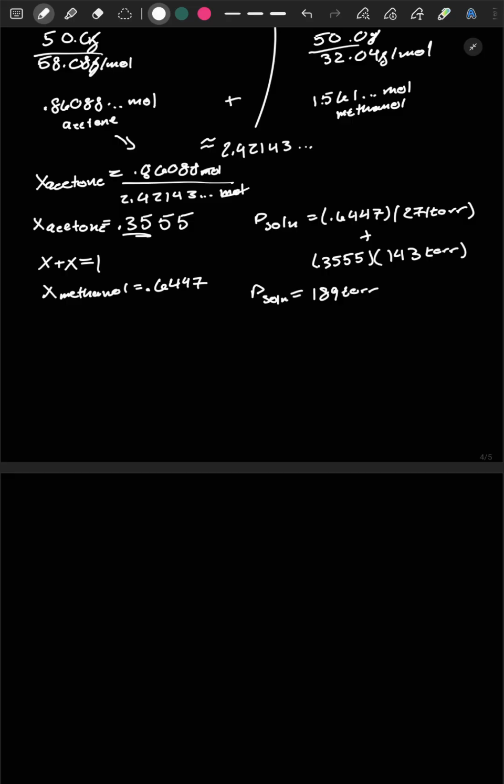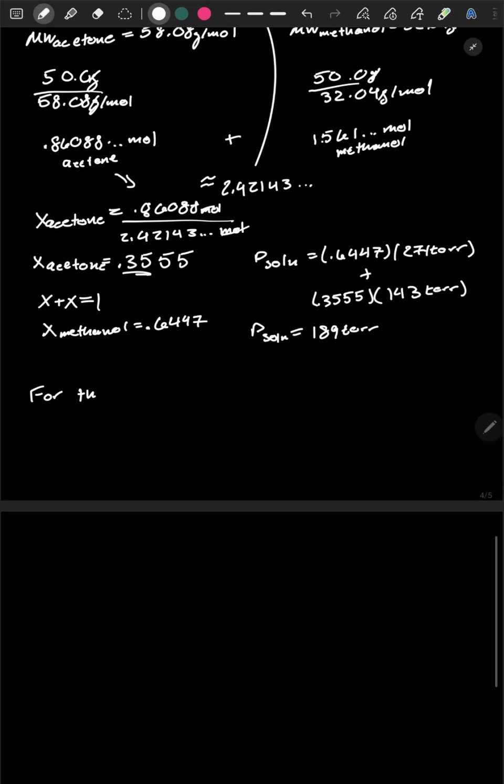So now we want the mole fraction of each of the solute and solvent in the vapor. We want the mole fraction of them in there. So for the vapor, I'm just going to put "vapor" so we know what we're doing.